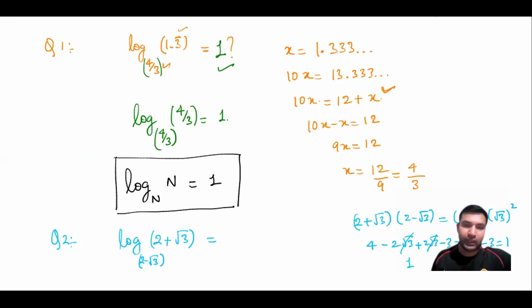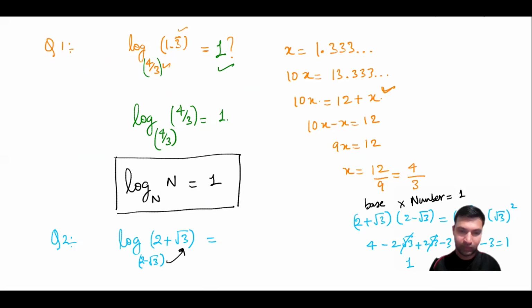Okay. So whenever the product of the base and the number is 1, remember this important result, whenever base multiplied by the number is equal to 1, that means they are reciprocal of each other. Getting it? So you can try the rationalizing of the denominator of 1 over 2 plus root 3.